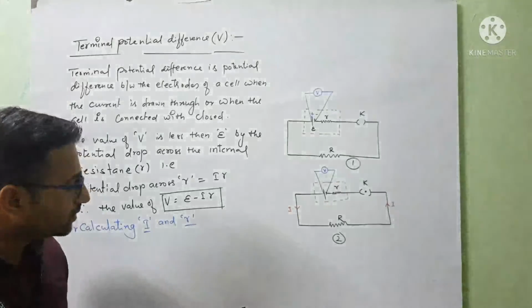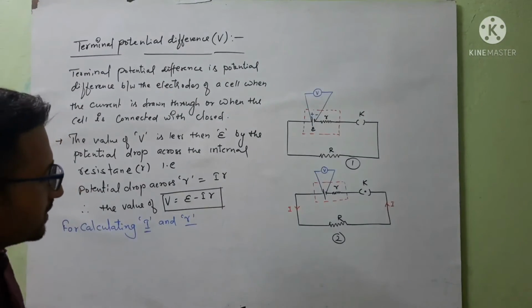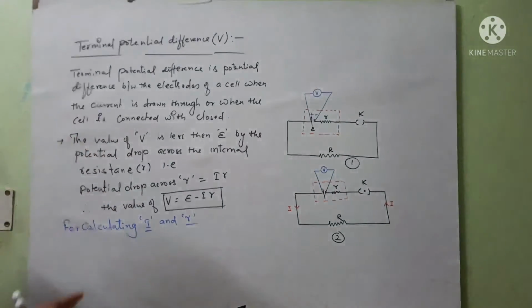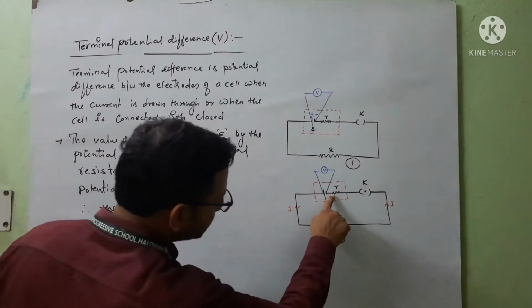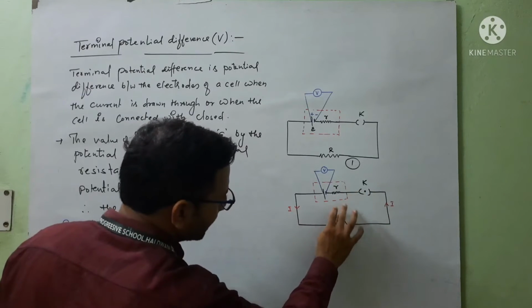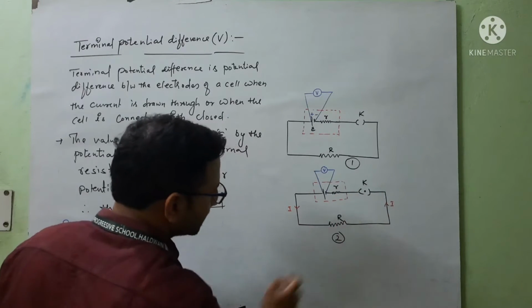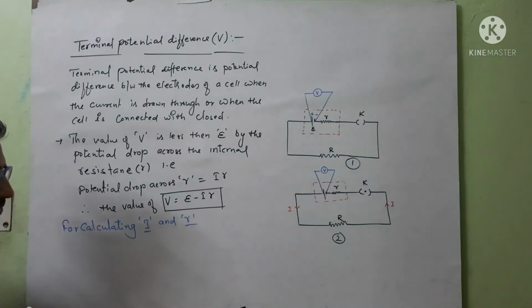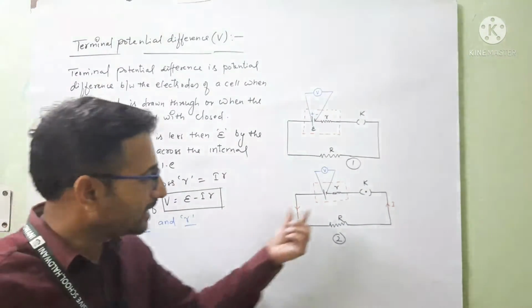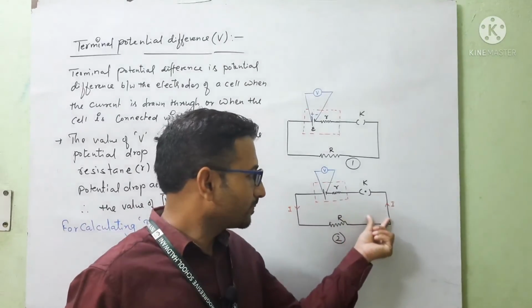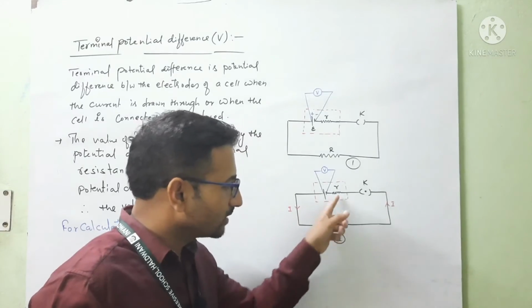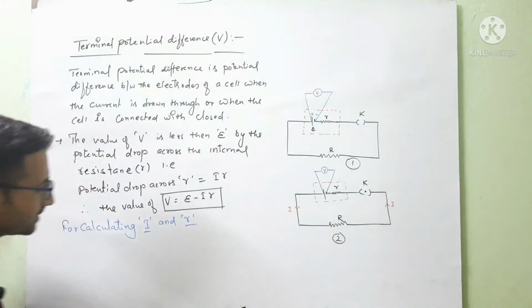Now see, if we want to know about the internal resistance r and the current I, we will think about the resistances which are connected in the circuit. See, small r and capital R are connected in series in the given circuit. So when the current I flows in the circuit, at that time the total resistance of the circuit is R plus r.